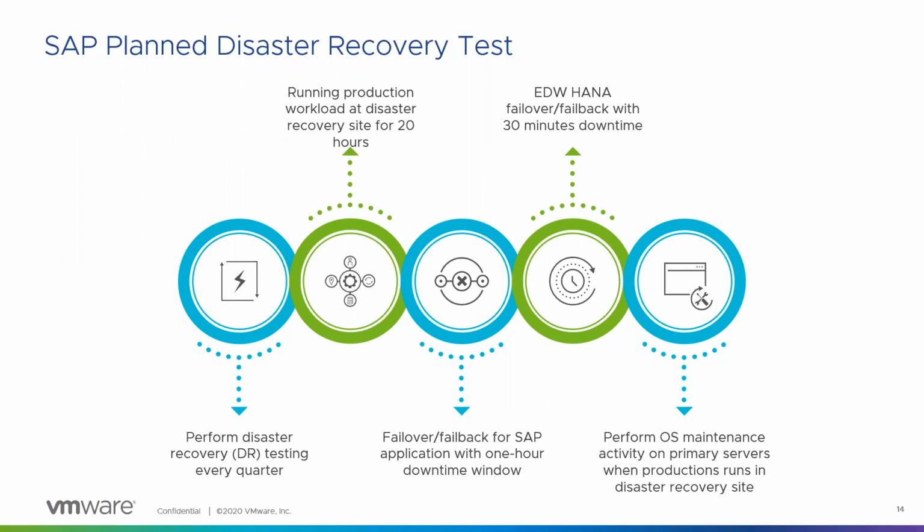We also use this window to perform some OS maintenance on the primary side. As I mentioned, we have this hybrid mode. For those application level DR, we can apply the OS patch, and sometimes even the SAP kernel patch, while the application is running on the DR side.